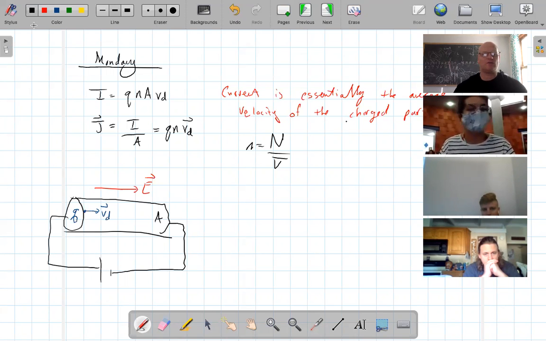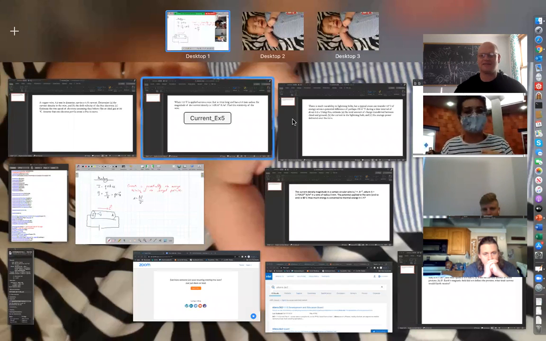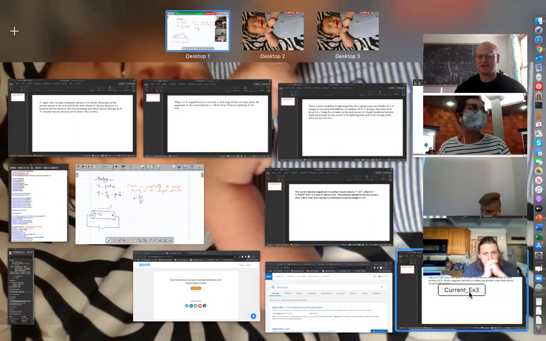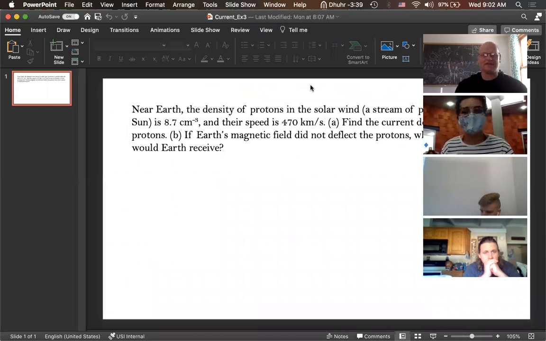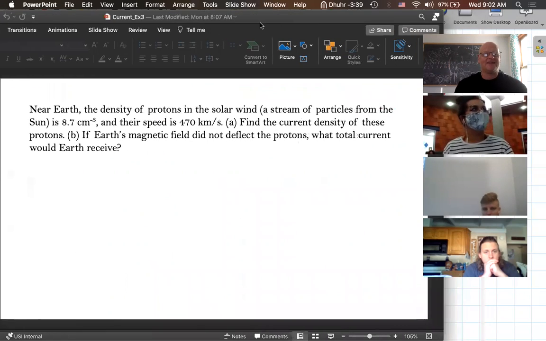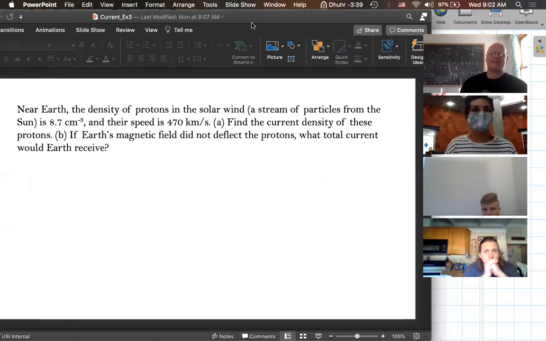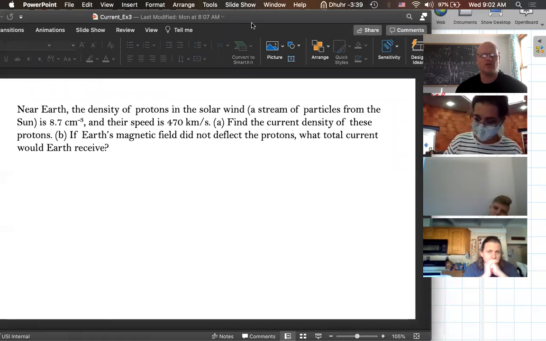So let's do some examples of this. Let's look at our first example. Once I find it, here we go. This says, near Earth, the density of protons in a solar wind, which is a stream of particles from the sun, is about 8.7 protons per centimeter cubed, and their speed is about 470 kilometers per second.